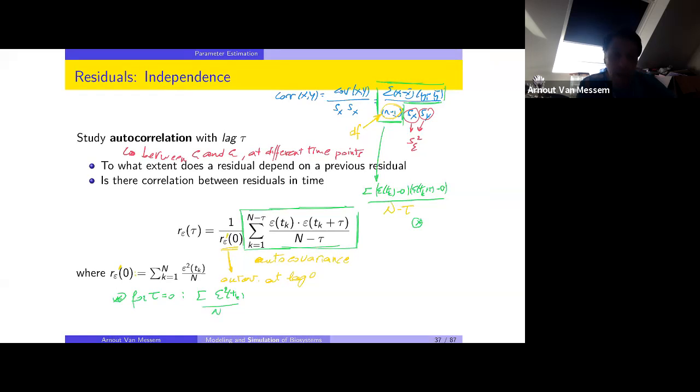This is the autocovariance at 0, and it can be shown, but we're not going into those details, that this is equal to the variance of the residuals. So you see that the correlation and the autocorrelation are very similar in formulation. The main difference is the degrees of freedom, n minus 1 versus n minus tau.